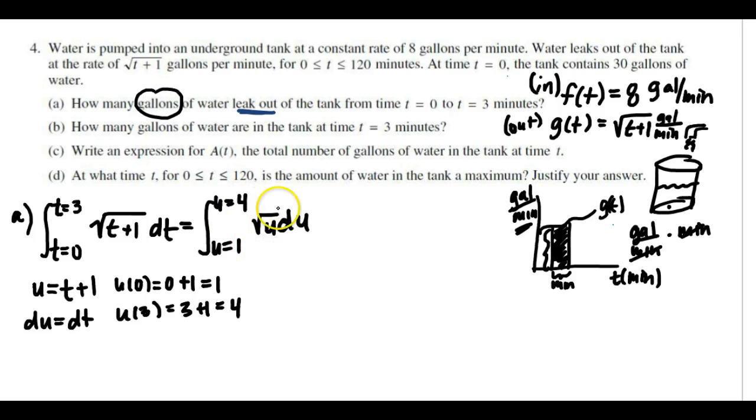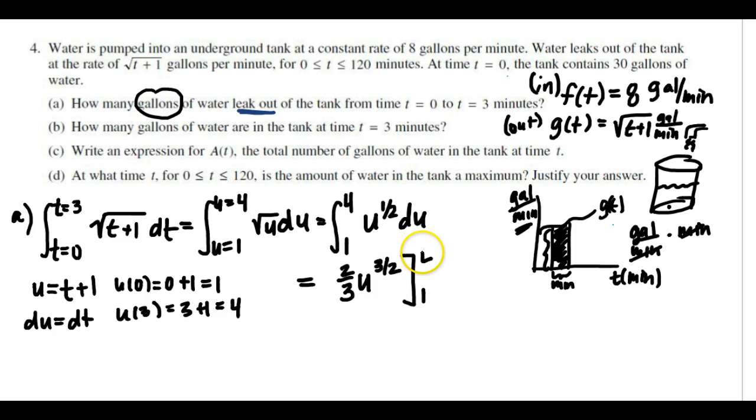I'm solving this definite integral from 1 to 4 of u to the 1/2 du. Now I find the antiderivative of u to the 1/2, so u to the 3/2 times 2/3, and then I substitute in 1 and 4. If I substitute in 4, I get 2/3 times 4 to the 3/2, minus 2/3 times 1 to the 3/2.